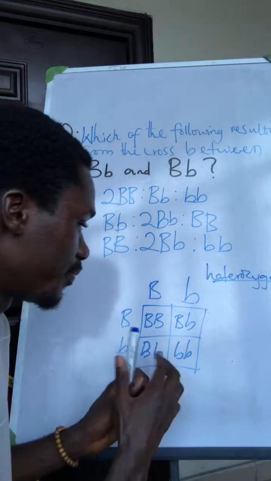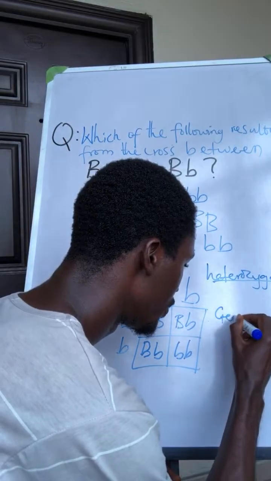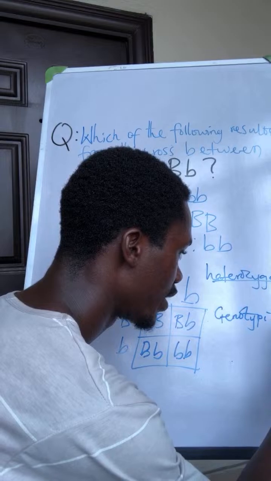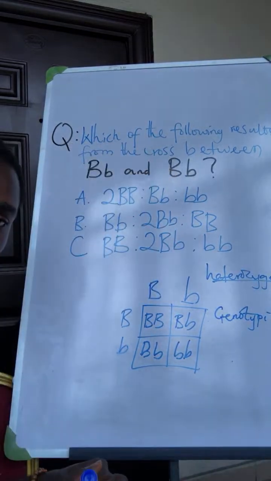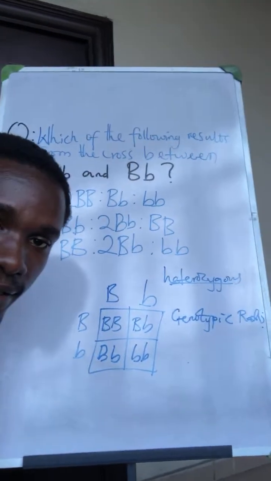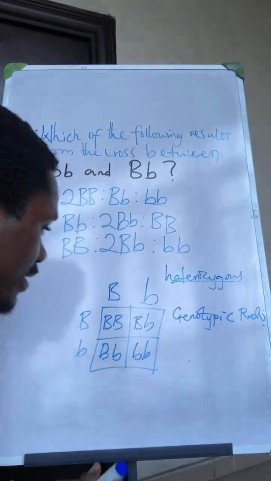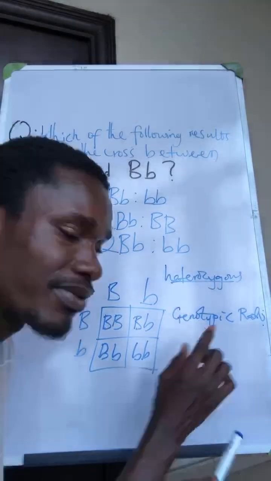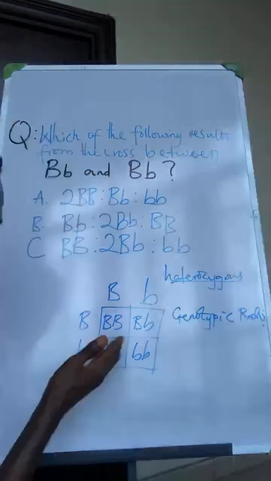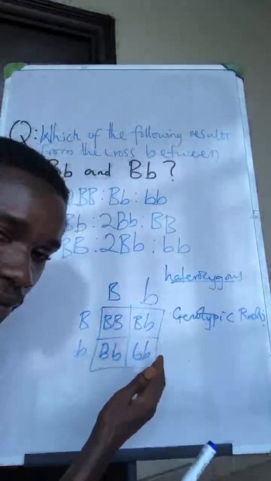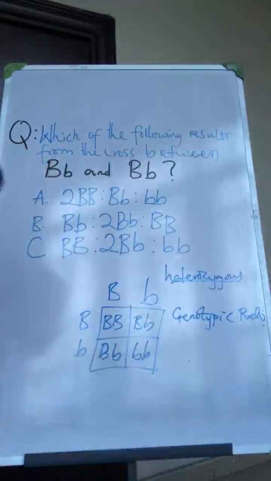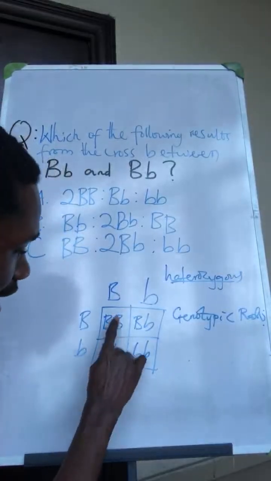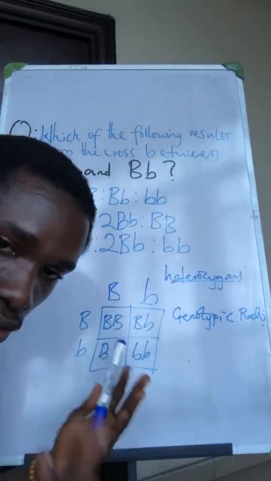Now, what is the genotypic ratio here, which is what they're asking us to find? What this genotypic ratio means is, just look at these crosses. How many different combinations can you find? First of all, we're having big B, big B. Is there any other big B, big B? No, right?